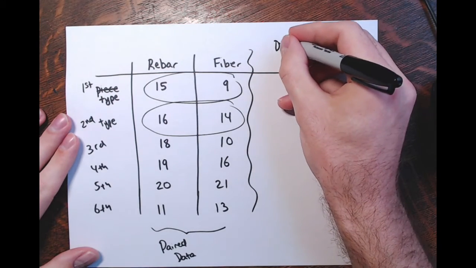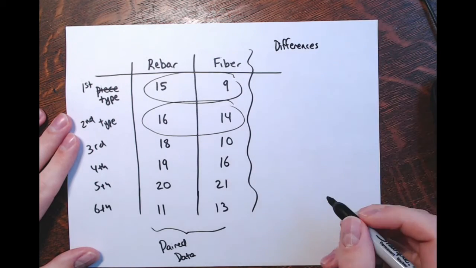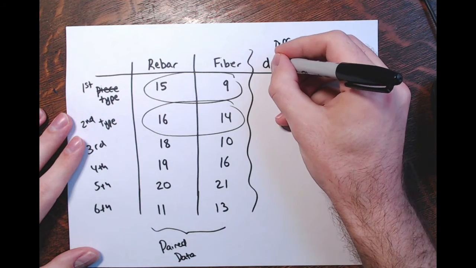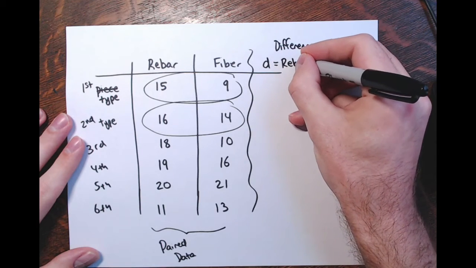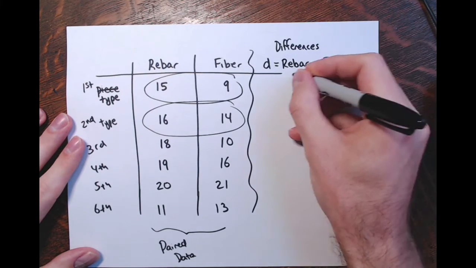And when we were given paired data, dependent samples like this, we looked at the sample of differences. And again, they told us to take the rebar times to crack minus the fiber times to crack.